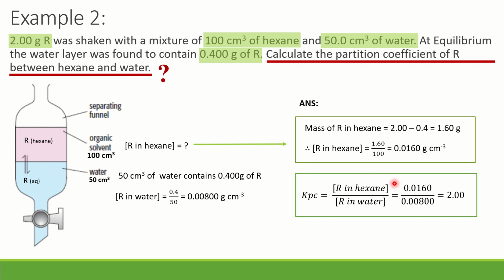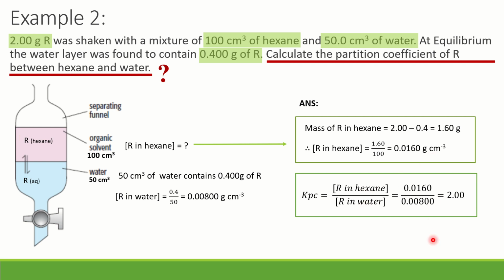So hexane should be on top, water should be below. The value of R in hexane is 0.016 and the value of R in water is 0.008. If you divide these two, it will become 2.00. Again, make sure of 3 significant figures and that there's no unit for KPC. And you have to make sure these two have the same unit for the concentration. I'm using gram per cm cube.